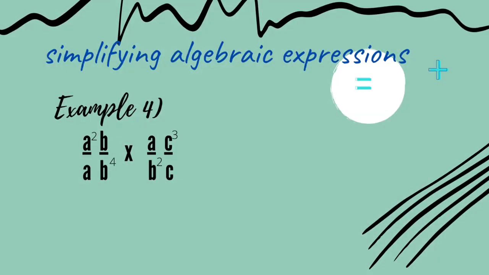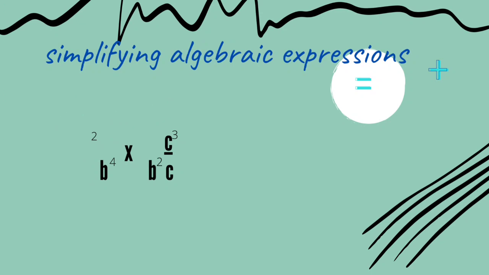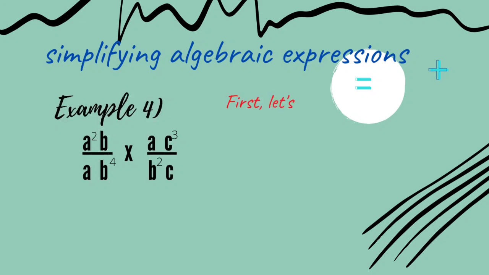So next is example number 4. First, we need to multiply them, then next we are going to divide them.